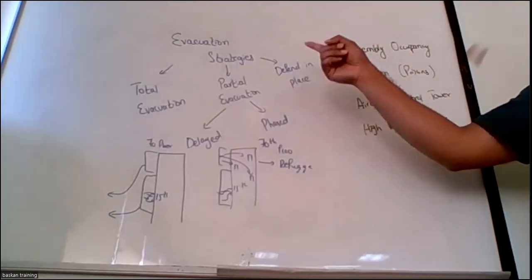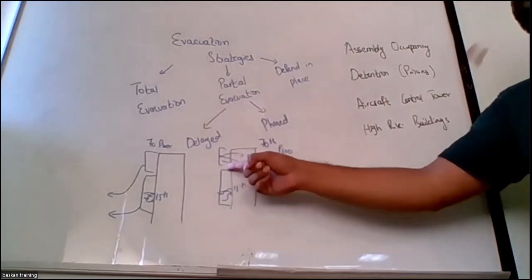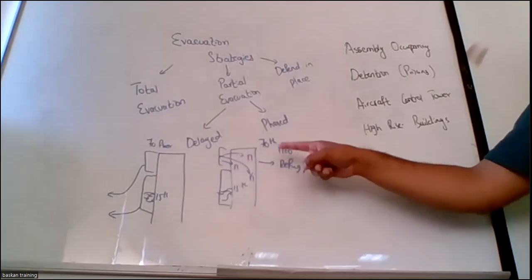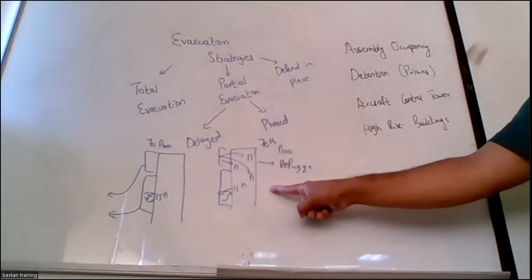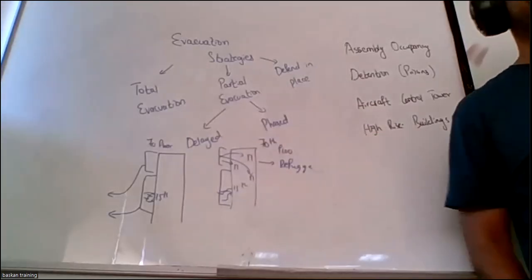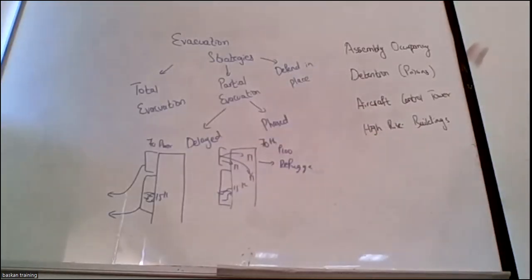But if it is near to that prison, then I want the people to move within the facility to a secured area. So it will be delayed, right? So both of the strategies can be applied: defend in place and delayed. If the threat is not near, they can stay wherever they are. But if the threat is affecting that area, they can be moved within the facility towards a secured, compartmented area. So defend in place or delayed evacuation.